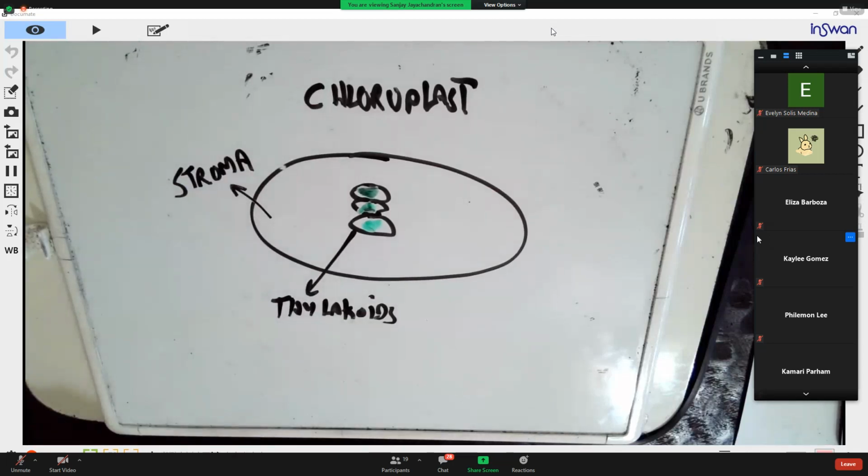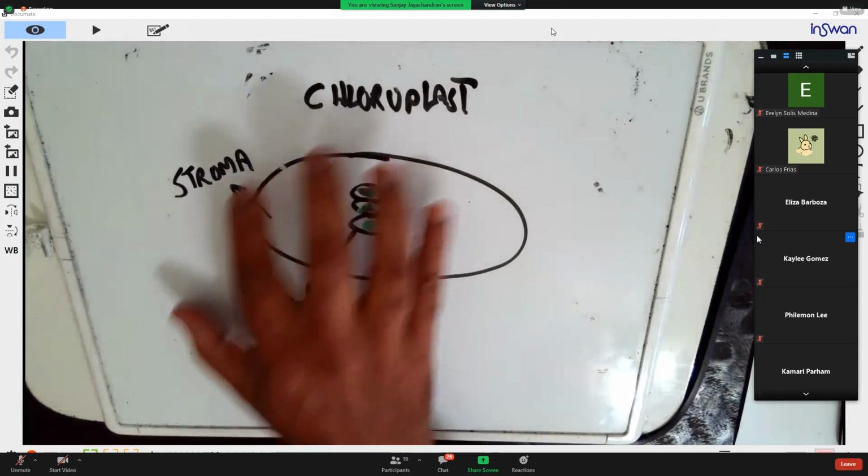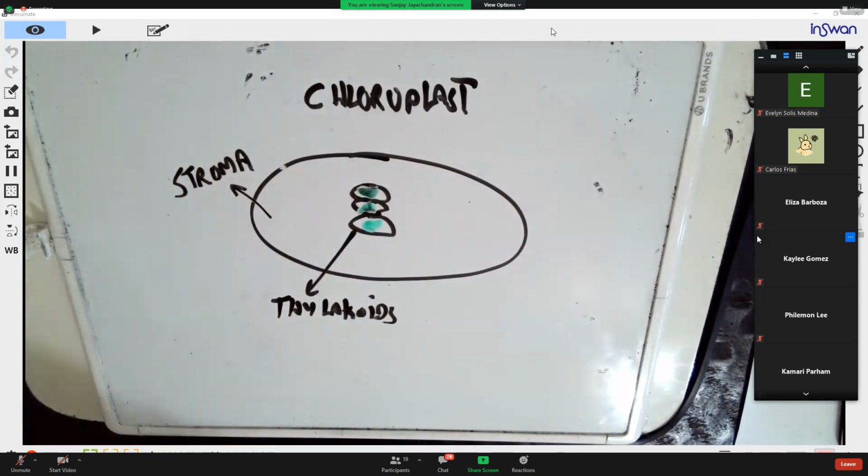So what we're going to do next week is break up photosynthesis into two parts: light-dependent reactions and light-independent reactions. Where in the chloroplast do you think light-dependent reactions are going to take place? The thylakoids?